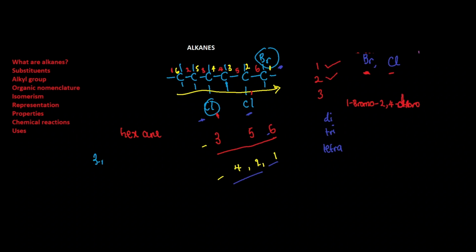So 1-bromo, 2,4-dichlorohexane. I omitted the di earlier, so this is dichloro because there are 2 chlorines.